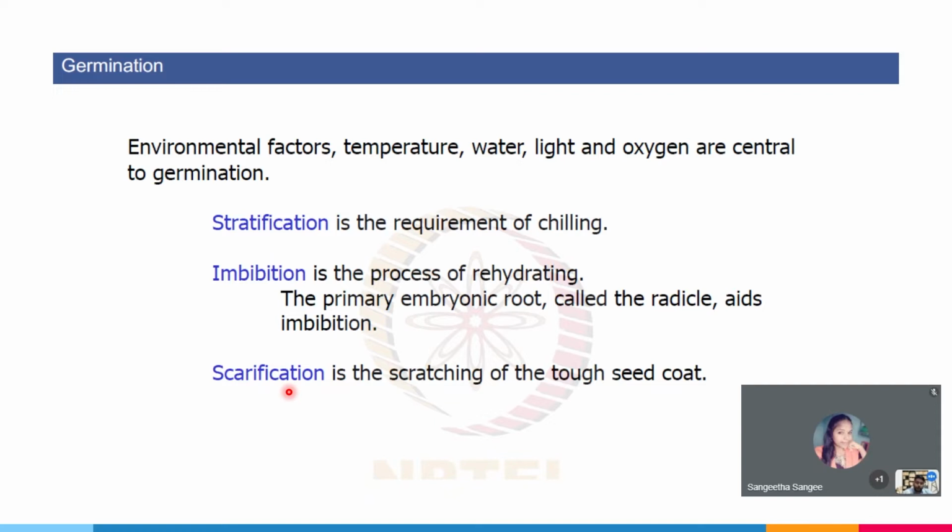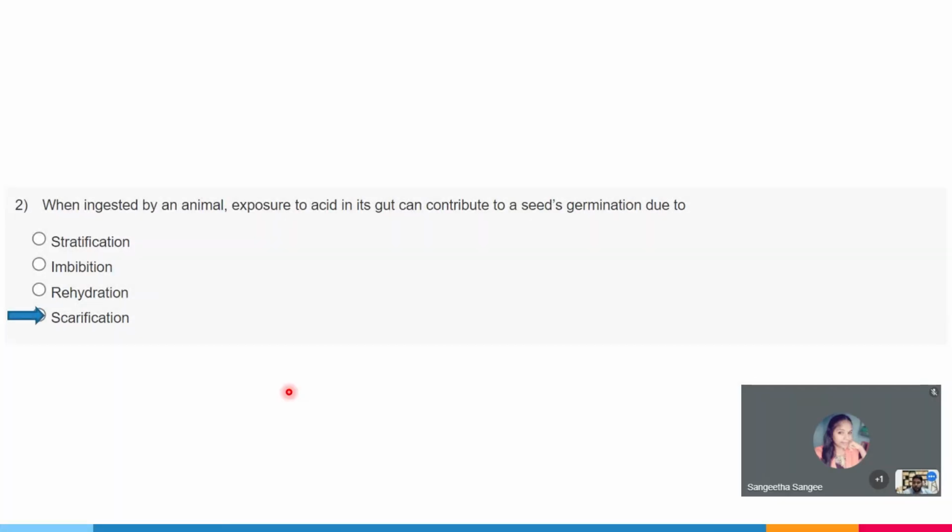And after this process also, the seed understands that it has traveled enough away from the parent plant and can now go ahead and germinate. So the answer was scarification.